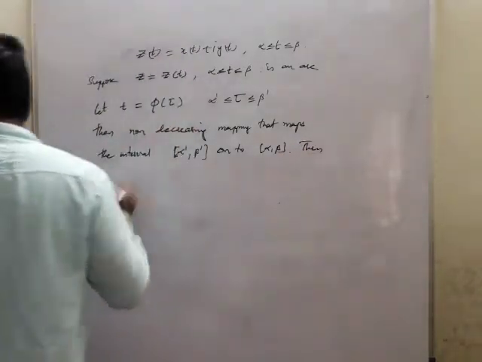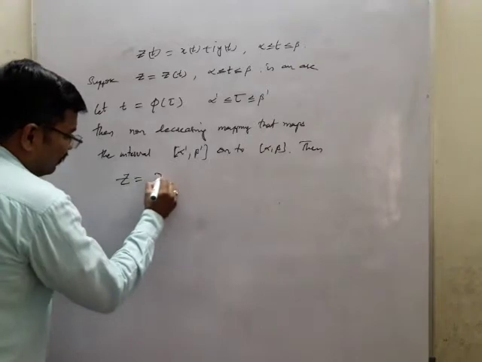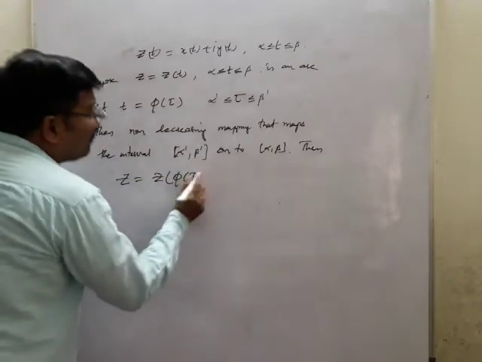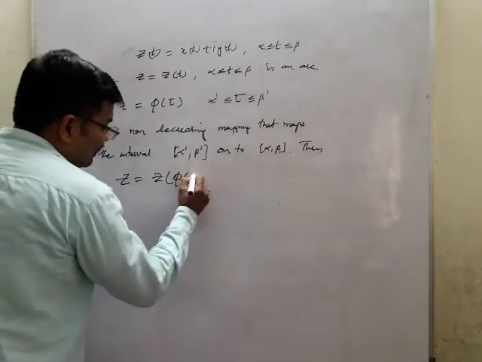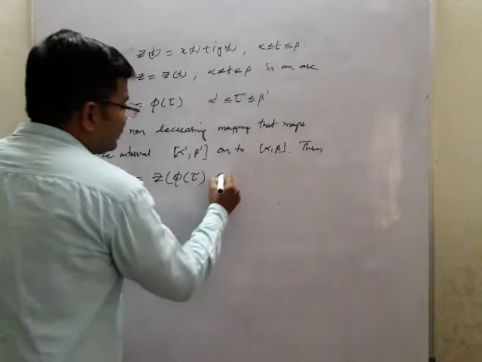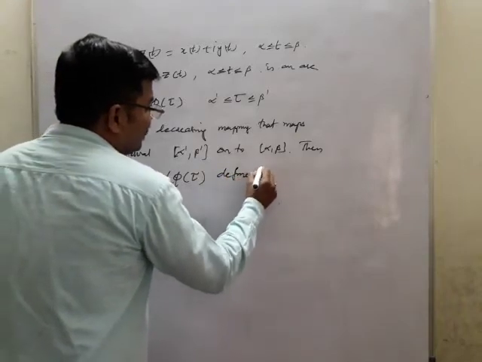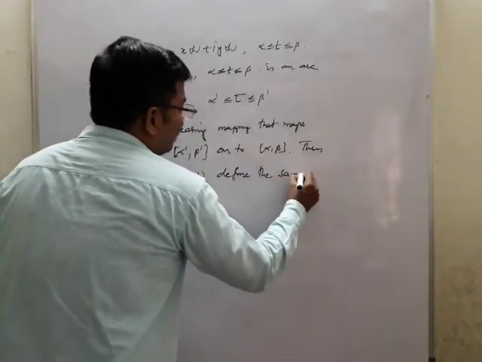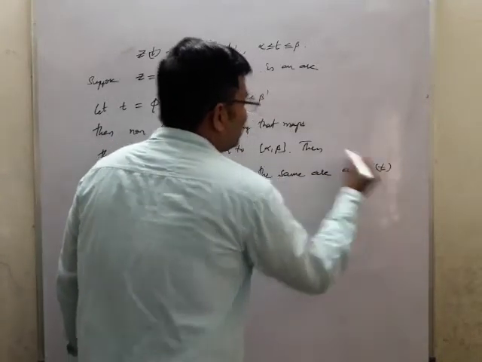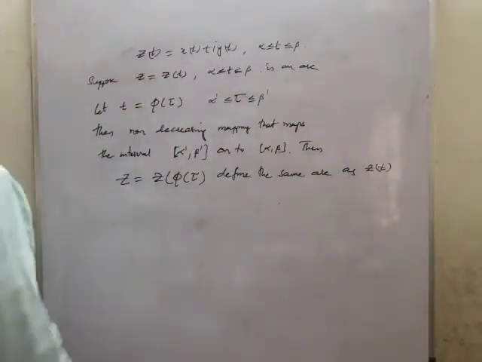Then what can we write here? Then we can write z is equal to z of phi of tau. It defines the same arc as z of t.